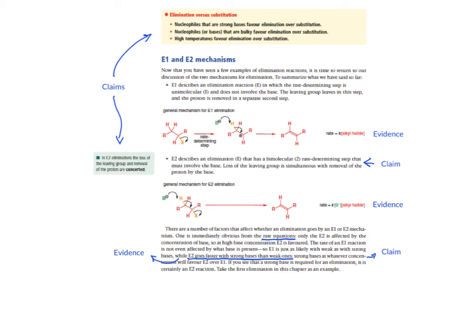When we study the E2 mechanism in Module 1, I will present rate constants as numerical data evidence for specific types of bases, where we will determine if it is a strong base or a weak base from the pKa data for the conjugate acid.